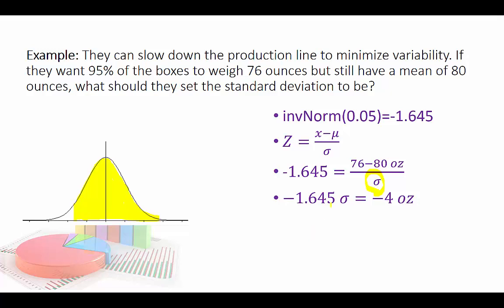Solve by dividing by negative 1.645, and you get 2.43 ounces. So if they can make the spread a little tighter, instead of the 4 ounces they had before as their standard deviation, they could make it 2.43 ounces. So whatever they have to do to slow it down to minimize their variability.